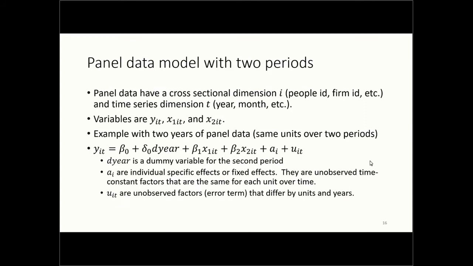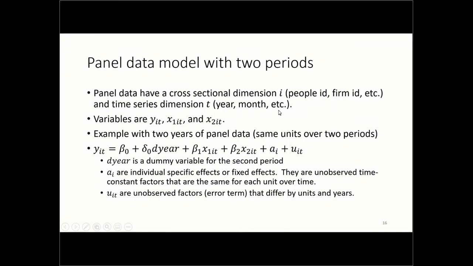Now, shifting gears, let's talk about panel data models when we have two periods. Unlike the difference in differences model setup, here we actually have true panel data where we have a cross-sectional dimension i, that would be person ID, firm ID, and so forth, and then a time series dimension t, which would be year, month, and so forth.